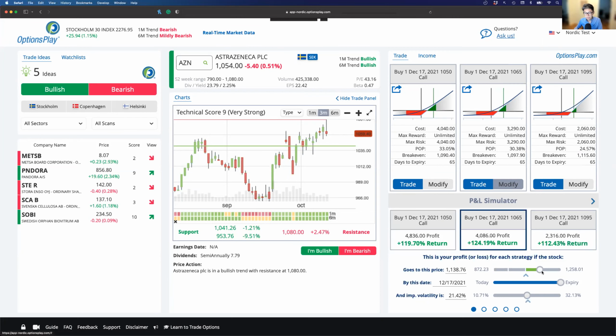But if you do get the trade right, as you can see, you have a better risk to reward, but they have low probability of profit. So it's just important to understand the relationship between these two things. Does that make sense? Please type 6 into the chat window if that makes sense to you.